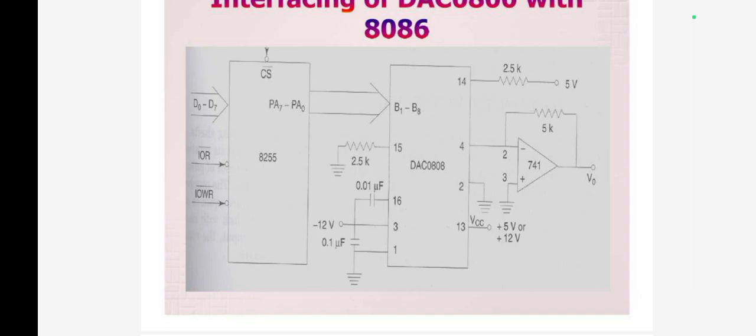So port A, 8-bit port lines, are used to interface the 8255 with the DAC by using 8 pins of A1 to A8 of the DAC, and it has VCC power supply and I out. It is given to the IC741 op amp, which produces the analog output voltage. In this way, the digital signals are converted into analog voltage and it is made available at the output of the operational amplifier.